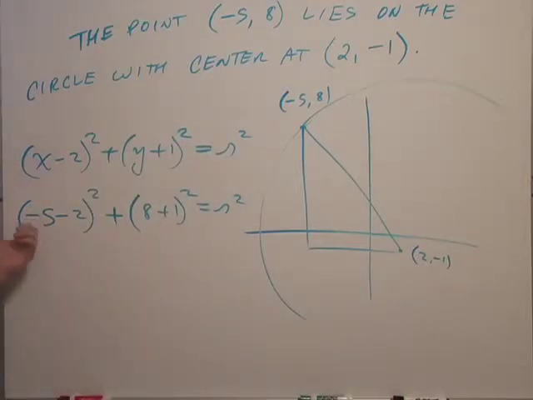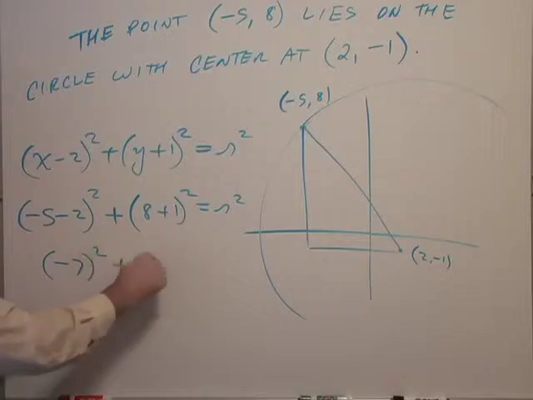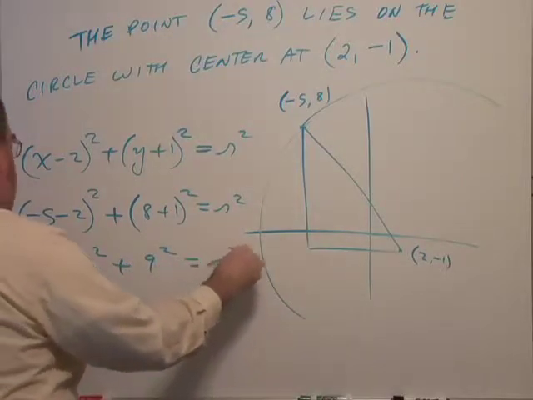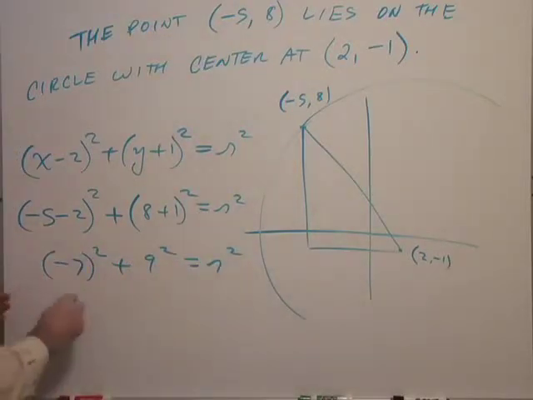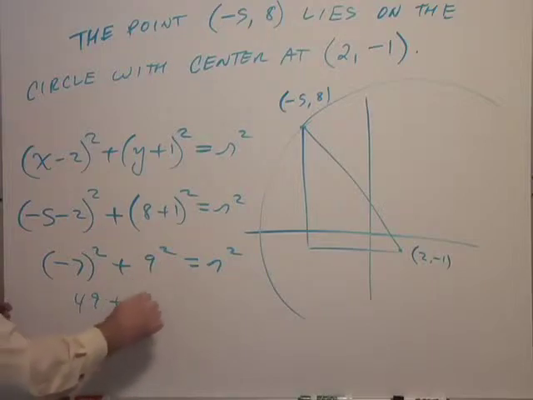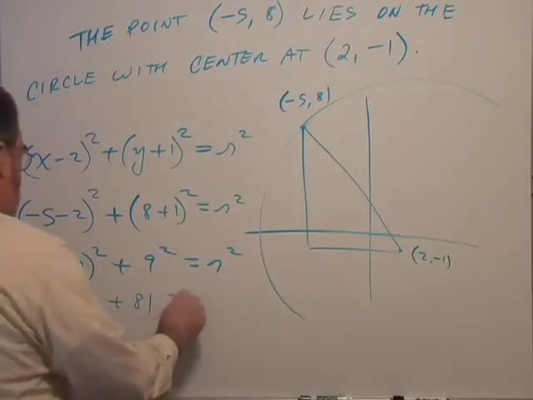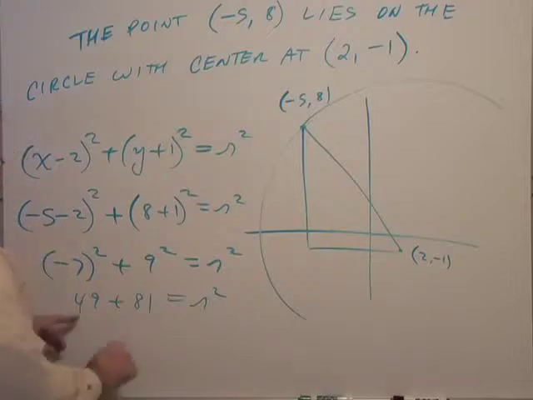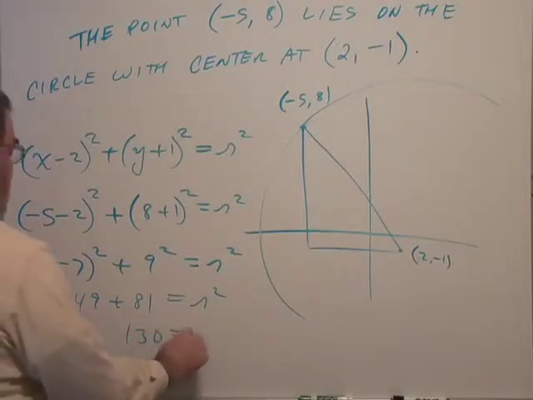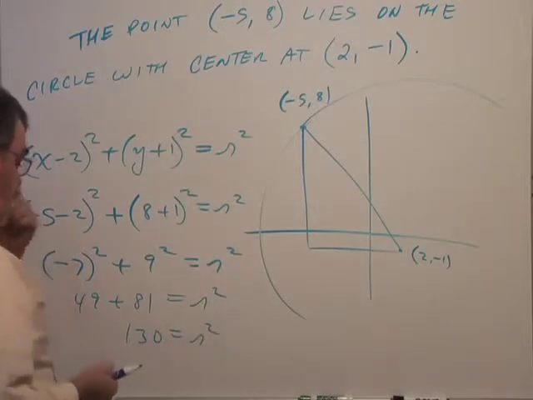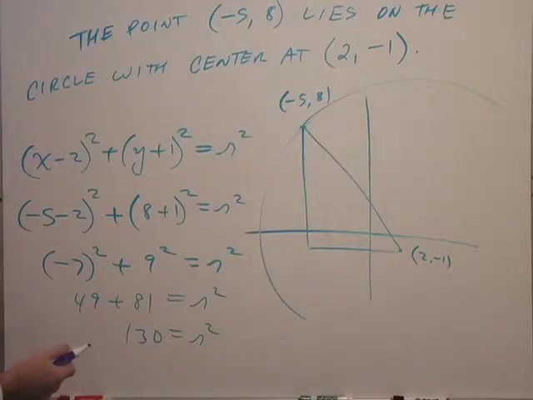So when you plug the numbers in, everything should equal out. When I do that, I get -7 quantity squared plus 9 squared equals the radius squared. This is going to be 49 plus 81. And so that would be 130 equals r squared. And so the equation of the circle is this, with r squared being 130.